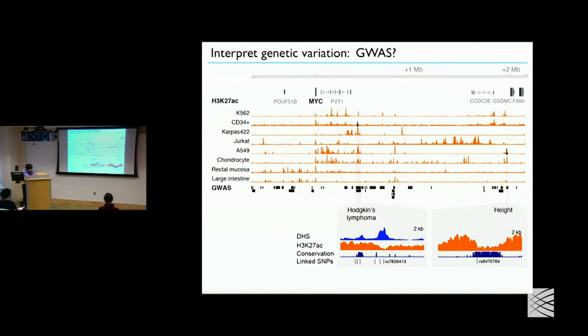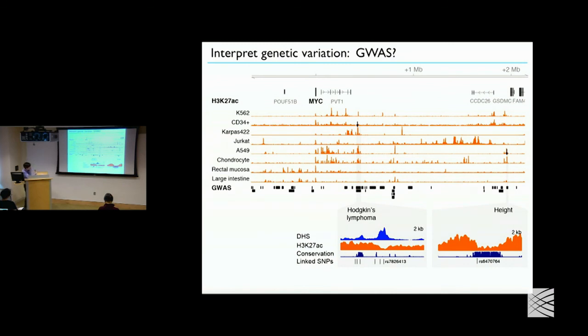So presumably one of these nucleotides is actually contributing to susceptibility for Hodgkin's lymphoma by affecting the function of this enhancer and thereby affecting the function of MYC. And in fact, our model, if you plug in the data from this particular cell type, does predict that this enhancer would regulate MYC expression.